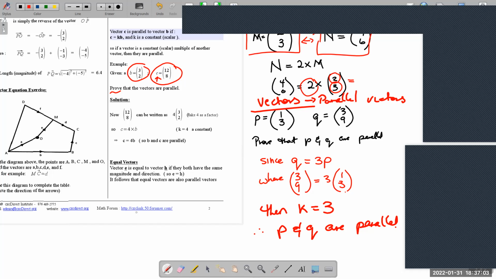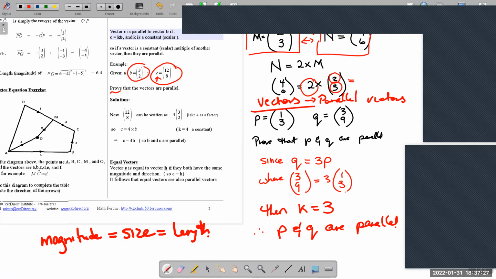So what's another word for magnitude, if anybody remembers? Magnitude just means the same thing as size or length. How long the vector is. What's the size of the vector? What's the magnitude of the vector?